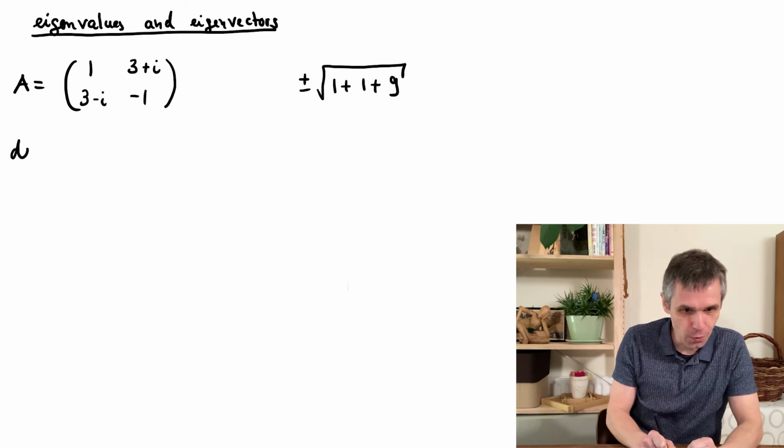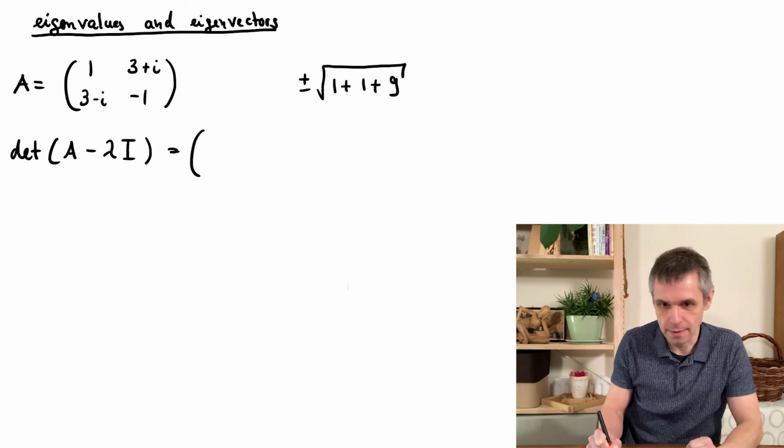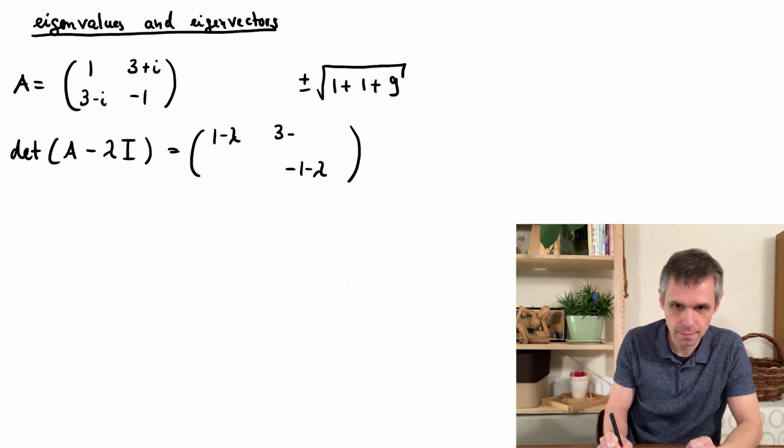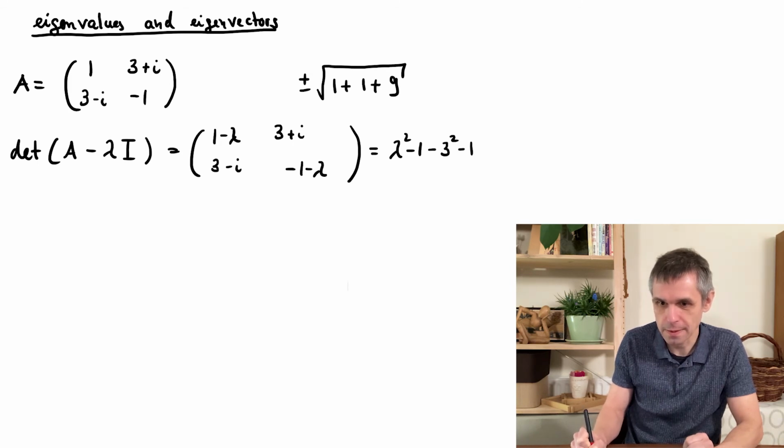Okay, so the normal way to calculate the eigenvalues is subtract the identity matrix multiplied by a scalar from the original matrix, and then calculate the determinant of this. And this gives us here lambda squared minus 1 minus the absolute value squared of 3 plus i, so that is 3 squared and another one.